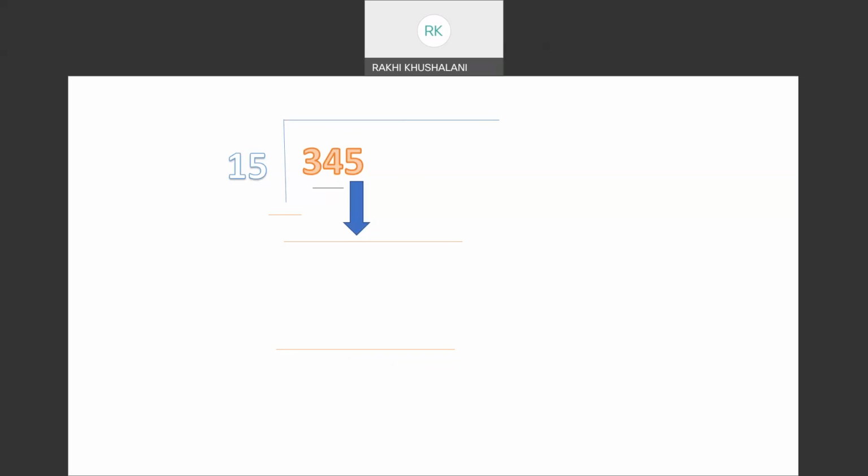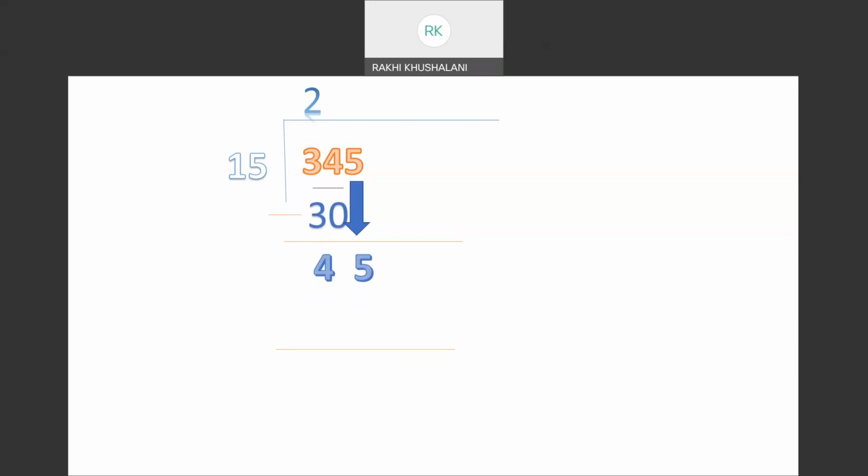So 15 into 1 is 15. 15 into 2 is 30. 15 into 3 is 45. So there is no scope of 45, but there's scope of 30. So we go ahead with 15 into 2, which gives me 30. Do the subtraction and get the answer as 4 and bring down 5.